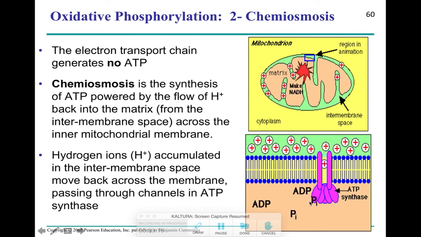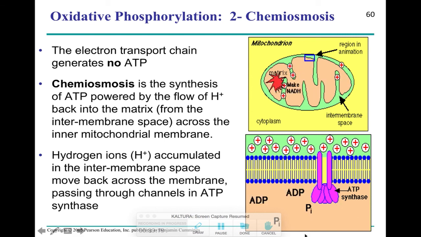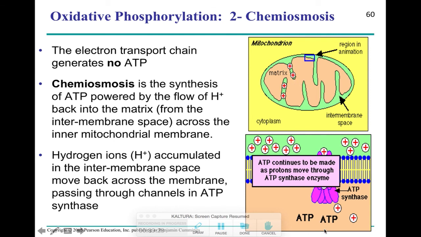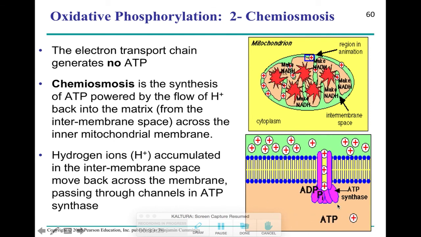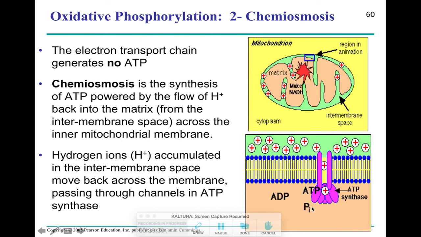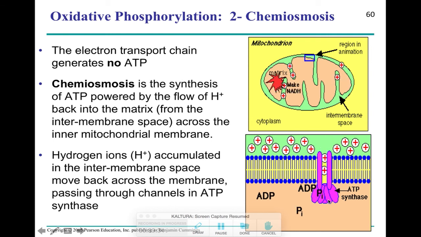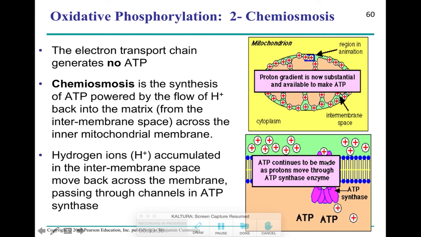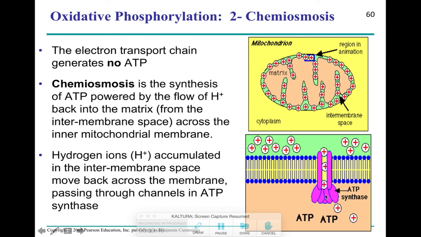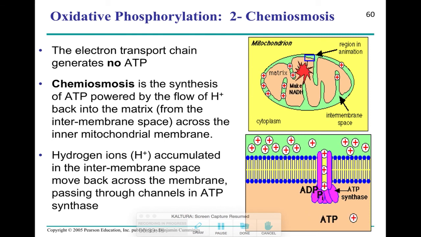So that churning of that rotor part of the ATP synthase molecule, due to the flow of hydrogen ions, which is called proton motive force, is going to provide energy to add ADP to phosphate. So this ATP synthase is an enzyme molecule associated with a hydrogen ion channel, and it is going to synthesize ATP by adding ADP to phosphate.